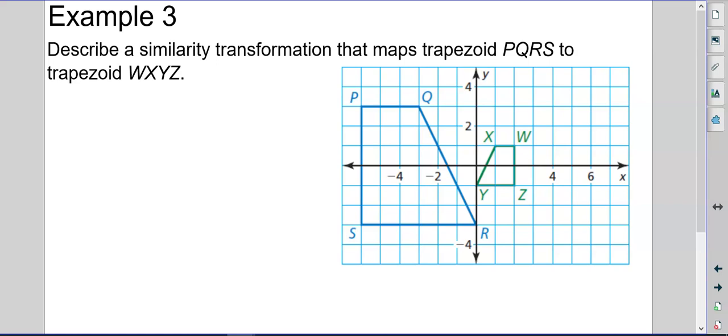Describe a similarity transformation that maps trapezoid PQRS onto trapezoid WXYZ. So let's think about this. If you think about point R, okay, it's kind of kicking out to the right.